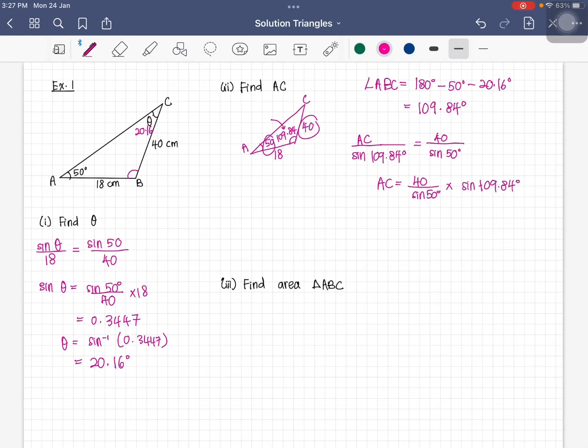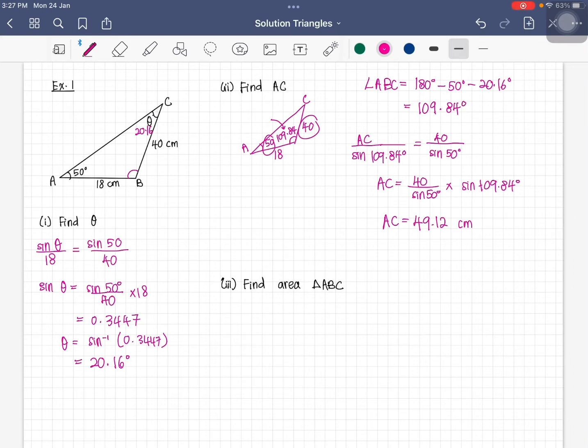Therefore the length of AC is 49.12 centimeters. You can try using the cosine rule, and you should obtain the same answer, I guess.